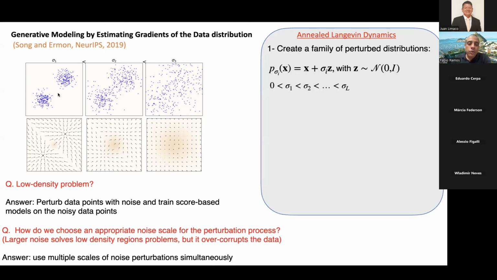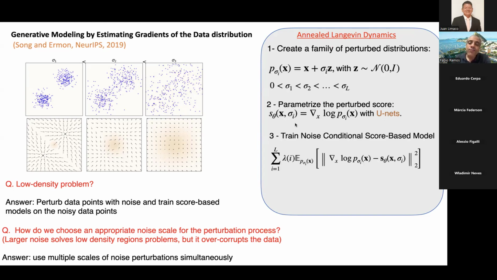What you do, you create a family of noisy distributions, right? So that for these distributions, it's easy to sample. And then you sample from here, you parameterize the score function for this noisy version with some neural network. And you do this for lots of noise levels, right? From the very low to the very high.